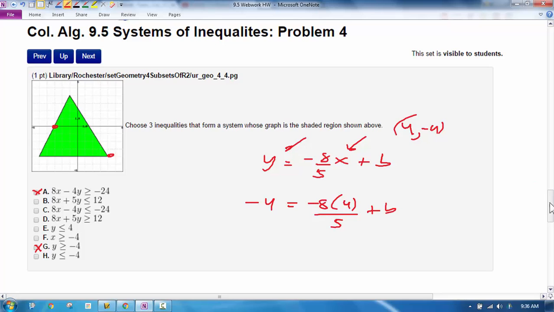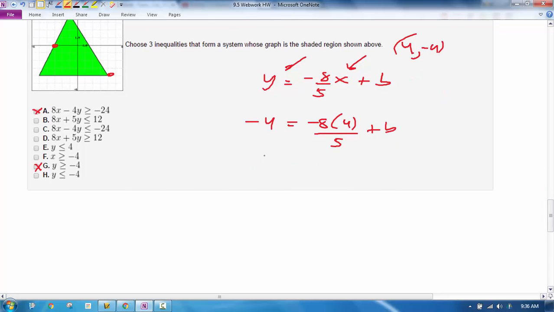And that gives me this, and I can add to both sides, which gives me a b of, let me get a common denominator, so it'd be 12/5. So let me plug that in up here.